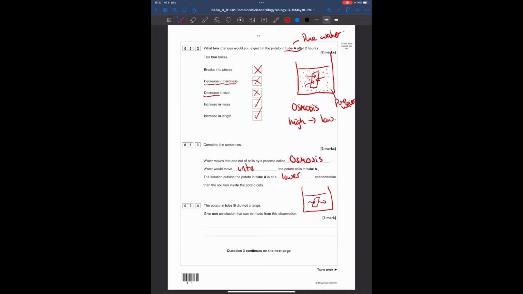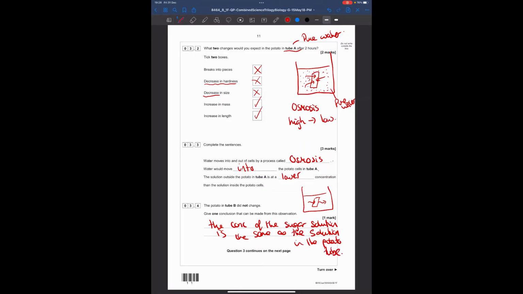So you could summarize it by saying the concentration of the sugar solution is the same as the solution in the potato tube.